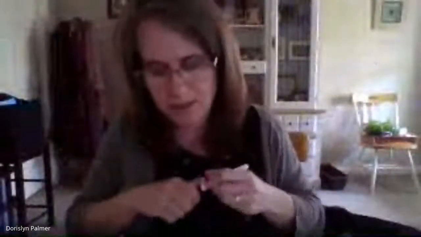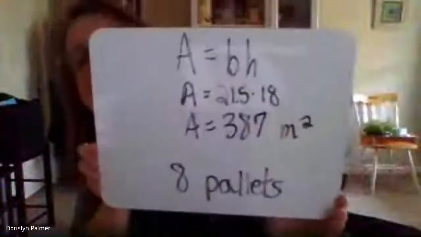I'm going to take my calculator that says 387 and divide it by 50. And I got 7.74. So for my answer, I need 8 pallets, because they're not going to let me buy 7.74. I have to buy them in whole pallets. So the answer would be 8 pallets.